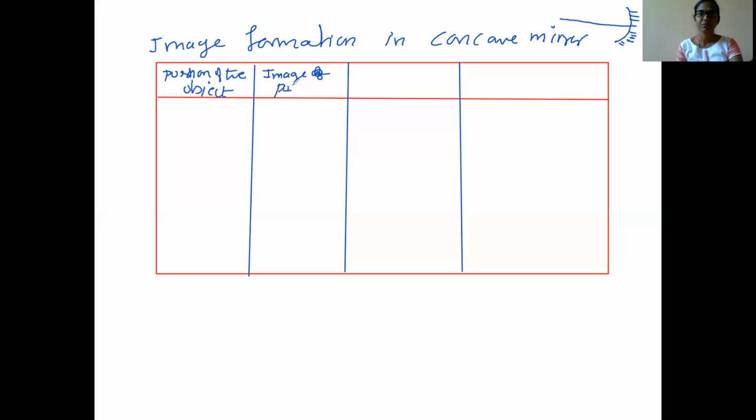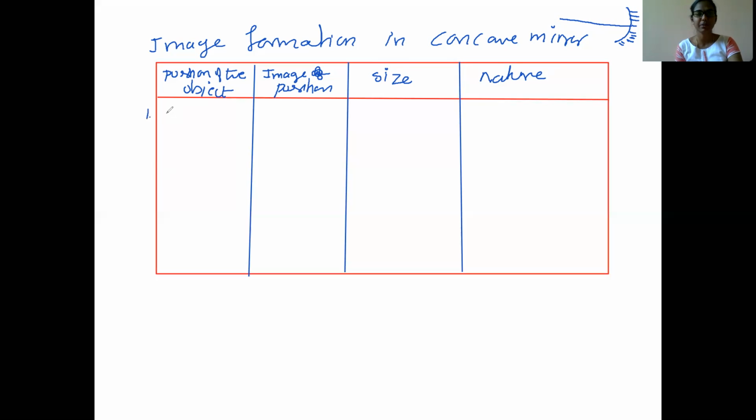Image position, object position: if you place the object somewhere, the image will form at some position. What is its size, and what is its nature? If you understand this table clearly, then it will be easy for you to draw the ray diagram. Let us see the 5 conditions.